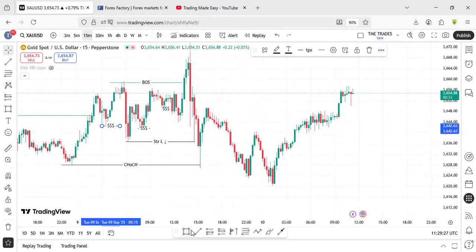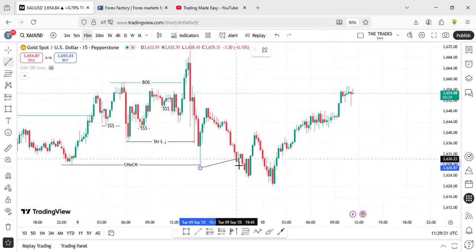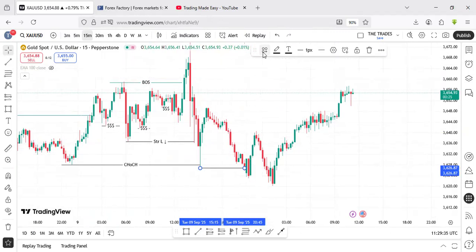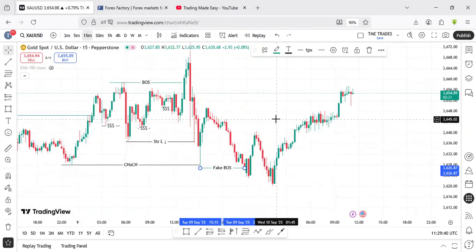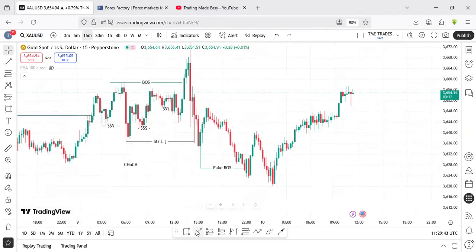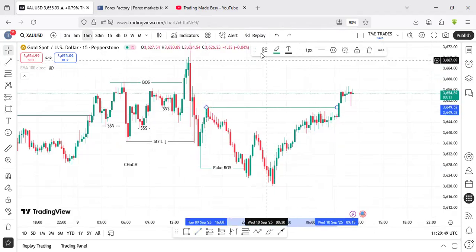Now, we now have in mind that this thing that occurred here now, we can call it what? A fake breakout. A fake break of structure. Now, in this situation, how we will identify this as our what? Liquidity that needs to be swept.